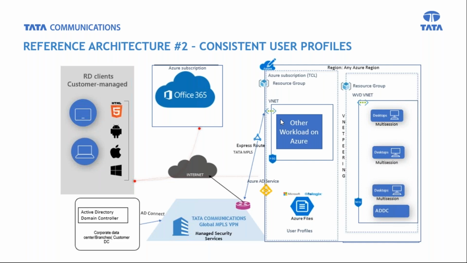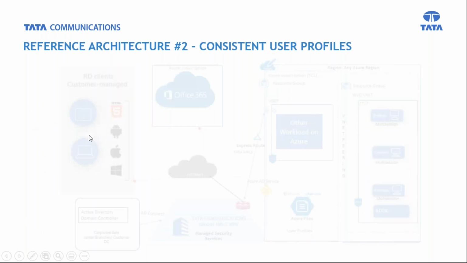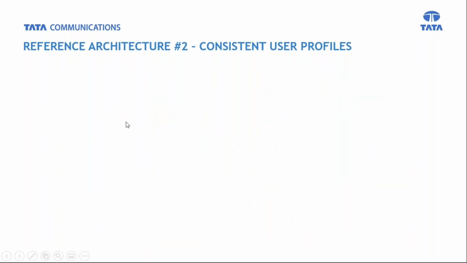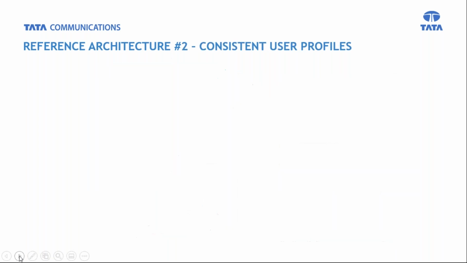It connects to the Azure services, Azure AD services, and syncs the user images there, and provides you the WVD access. So if I were to go to the previous slide, sorry, this is the simplest possible architecture with those three, four critical components that you would need to remember if you're going for a WVD design.